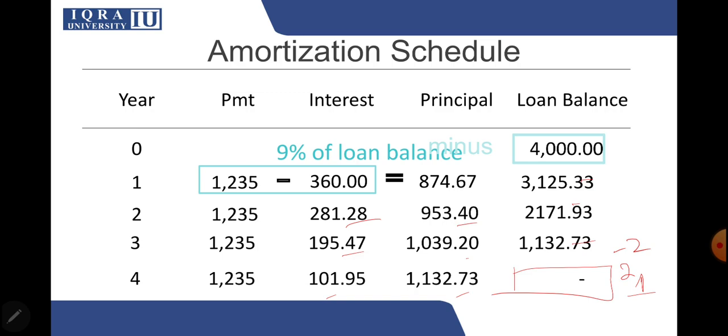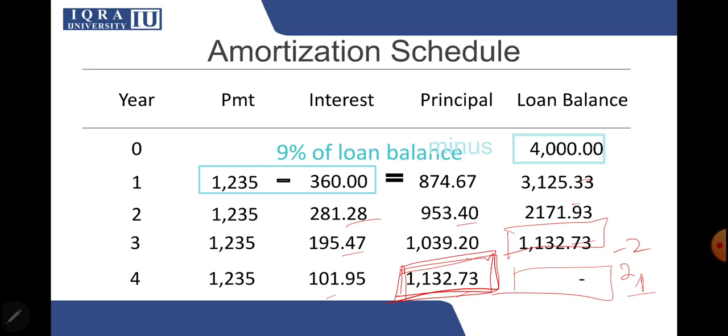So for that, what you're supposed to do is you can adjust that in the last principal amount. If your value of difference is coming very small, because at the end of the year your loan will be paid off, so if it's a rounding off error, what you can do is you can simply equate these two. So if the loan balance left is 1132.73, the last principal paid will also be 1132.73.